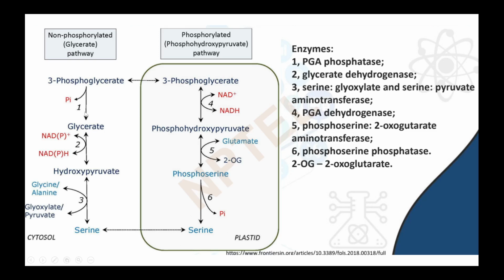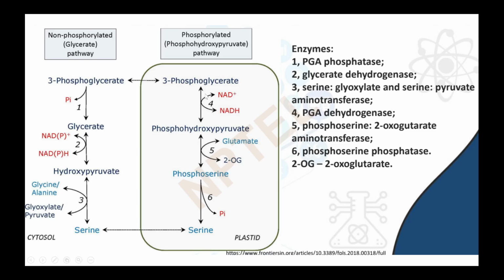So you see this is exactly opposite. In the non-phosphorylated pathway, we had dephosphorylation first by a phosphatase enzyme, then a dehydrogenation reaction by a dehydrogenase, and then an aminotransfer reaction by a transaminase or aminotransferase.